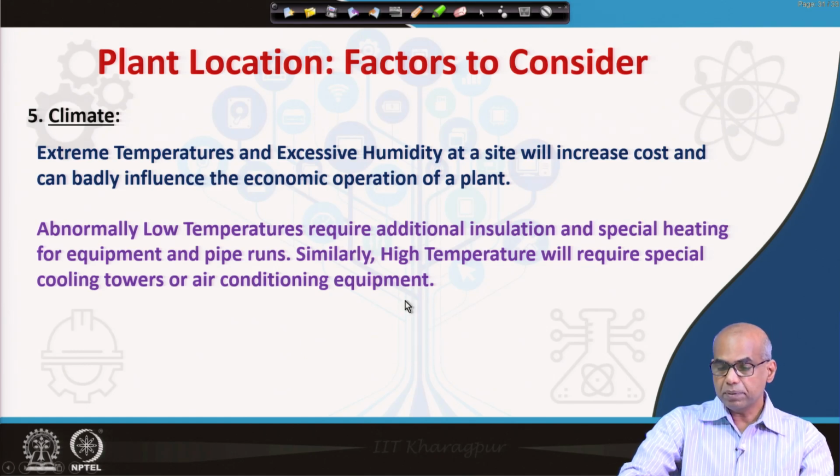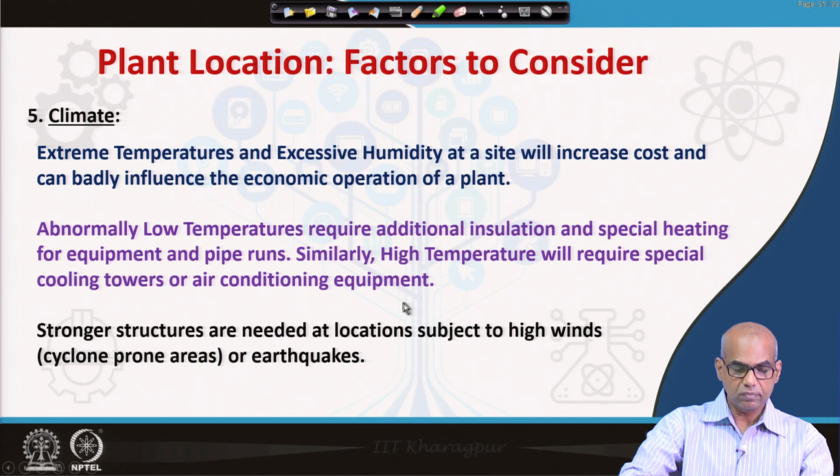Similarly, high temperature will require special cooling towers or air conditioning equipment. Stronger structures are needed at locations subject to high winds, such as cyclone prone areas or areas which have history with earthquakes or prone to earthquakes.